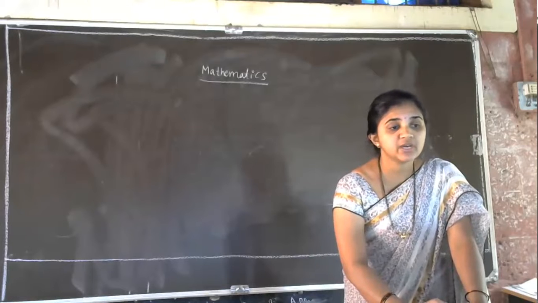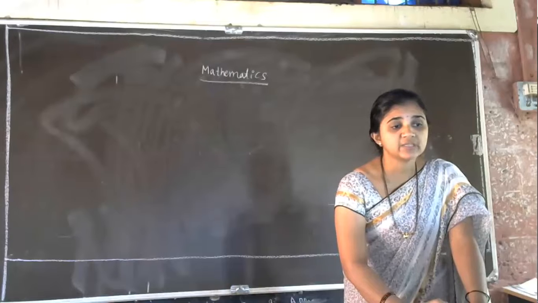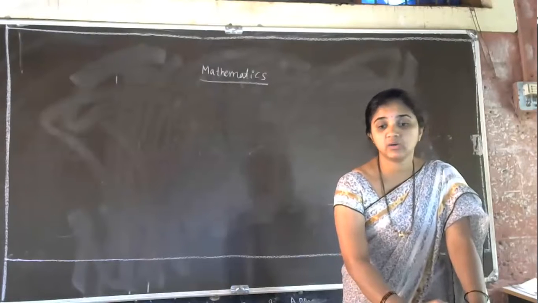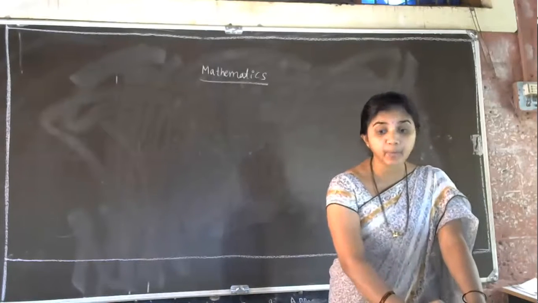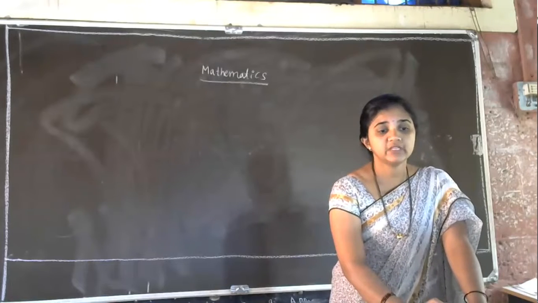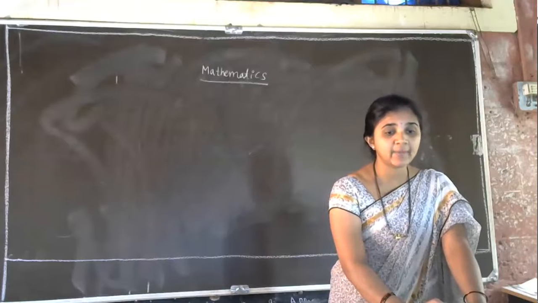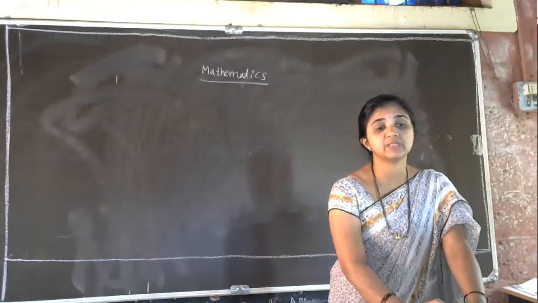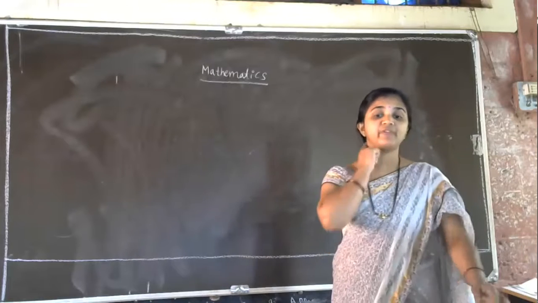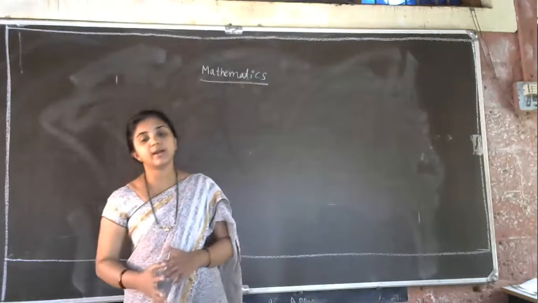So here what we are observing is that corresponding sides are in proportion. That is AB by RQ is equal to BC by QP, which is equal to CA by PR. So if corresponding sides are in proportion, can we say that the two triangles are similar?